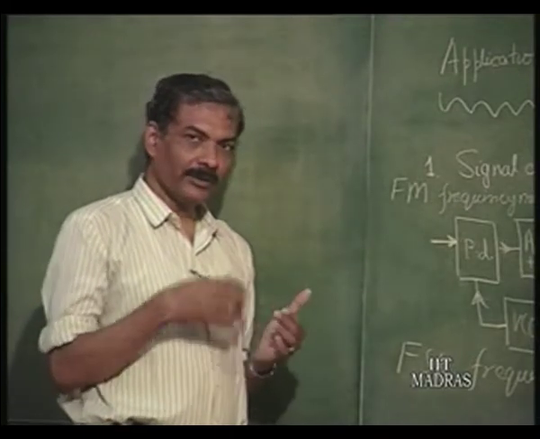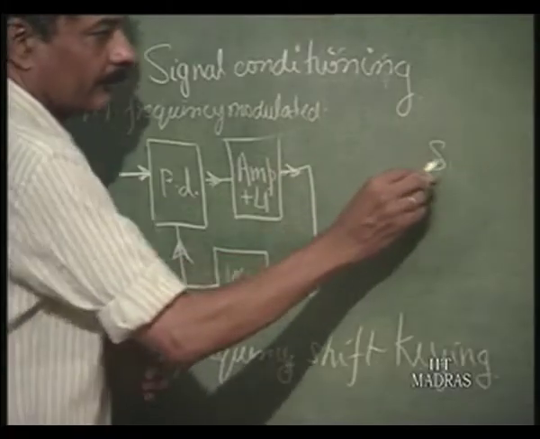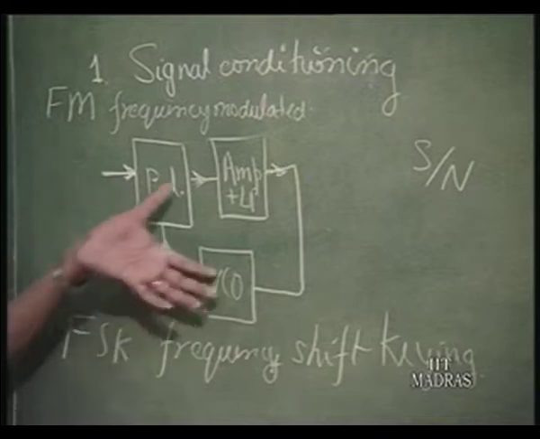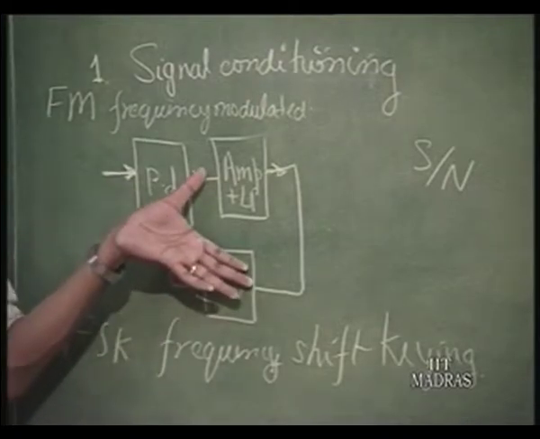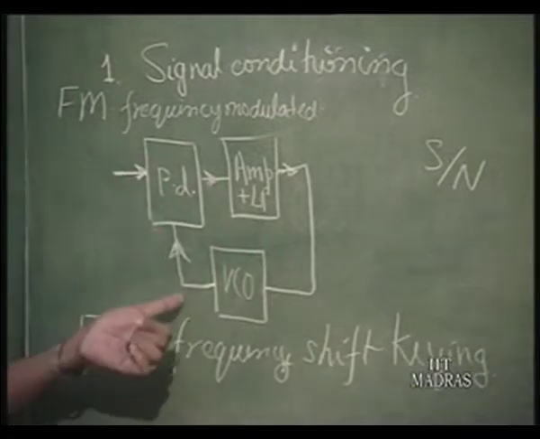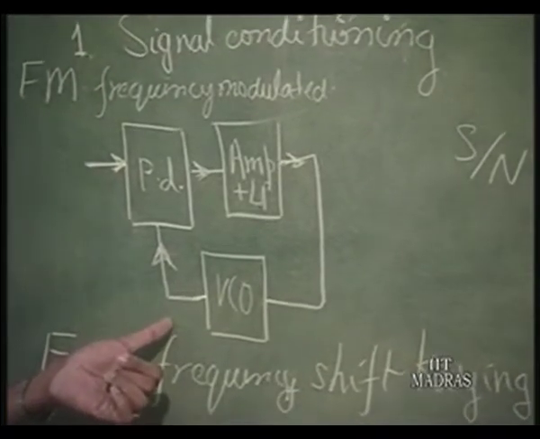So, in order to improve what is called the signal to noise ratio, you have repeater stations, and these repeater stations will be simply receiving the signal and retransmitting it in the same line, okay, after strengthening it.